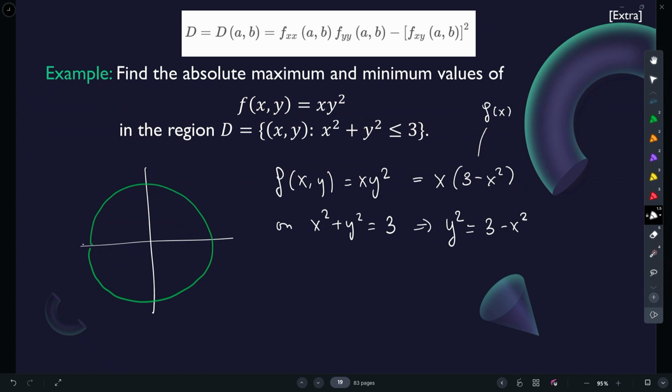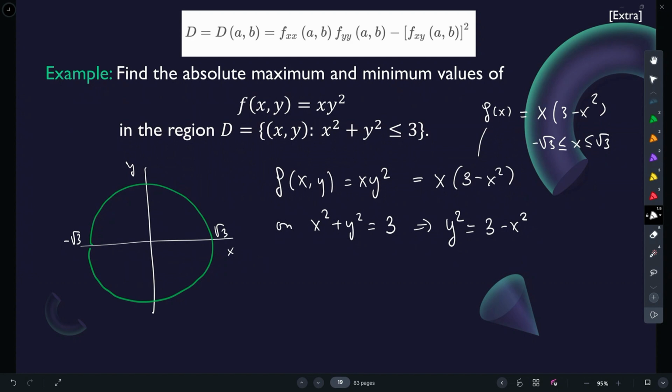And I can figure out where the max and the min are for that function. By the way, here x and y are between minus the square root of 3 and the square root of 3. So I'm looking at this function x times 3 minus x squared between these bounds. And I want to know what is the maximum, the minimum value in there. And that's going to give me what are the values on the circle.